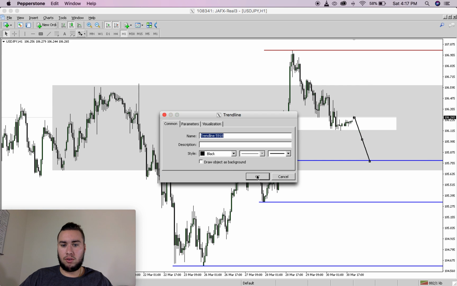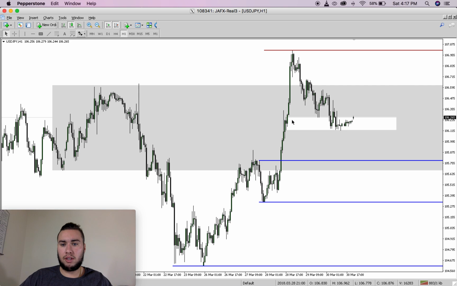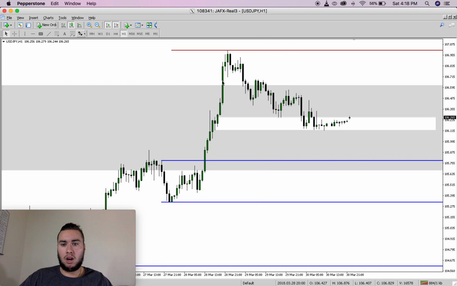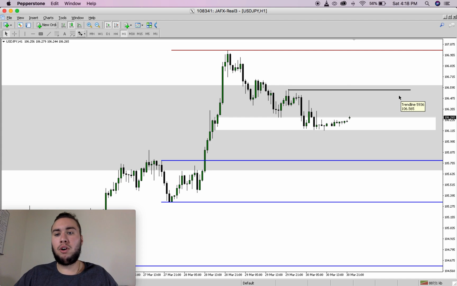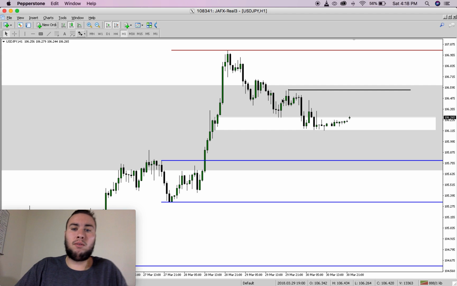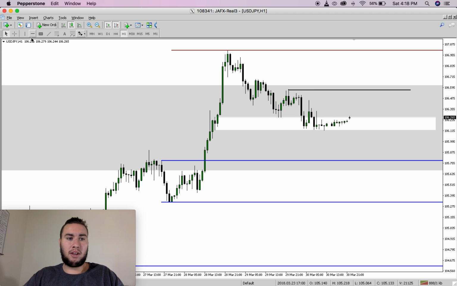But if we do, say we do hold this level here, right? So say this is the support level that we're going to hold. All I'm going to be looking for at that point is just a break in market structure, right? So it doesn't matter what they do, because we can get on board no matter what. We just have to wait for basically our rules and our trading plan to unfold in the charts, and then we can act on that. So if we start pushing up right away, because they're going to use this level as support, then once they break this high, this would be a break in market structure.